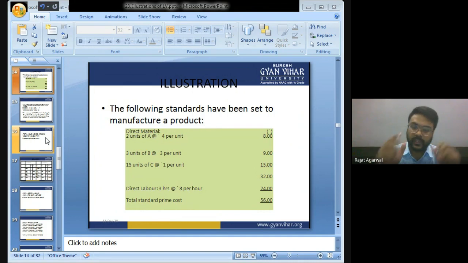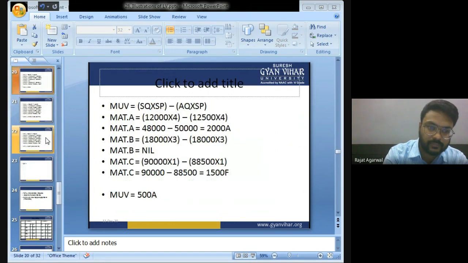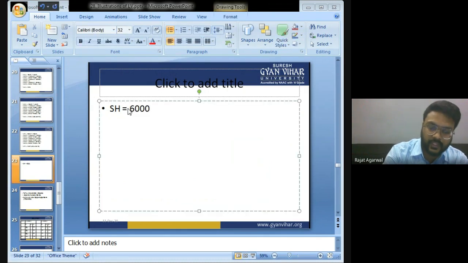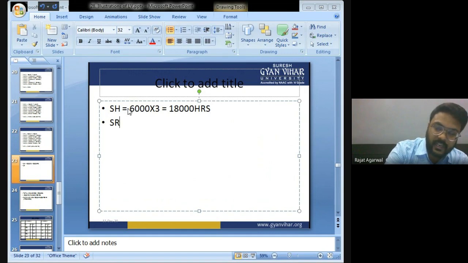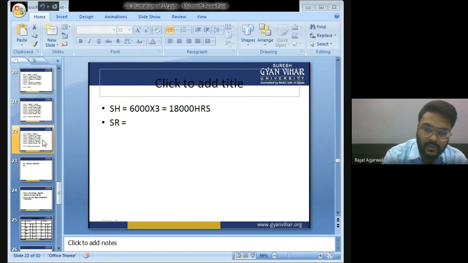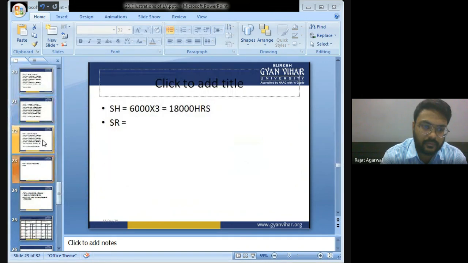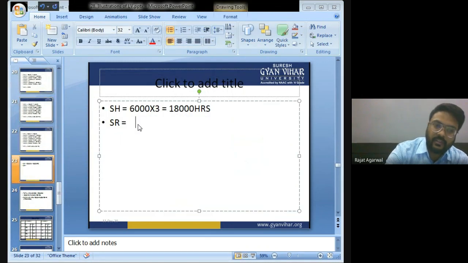That is 6,000 into 3, which is 18,000 standard hours. Standard rate is given there. Standard rate is 8 per hour.